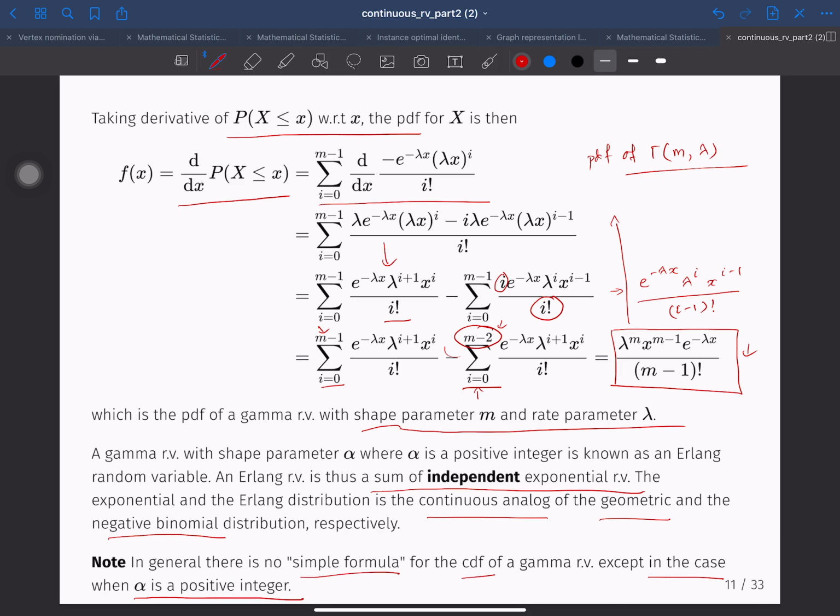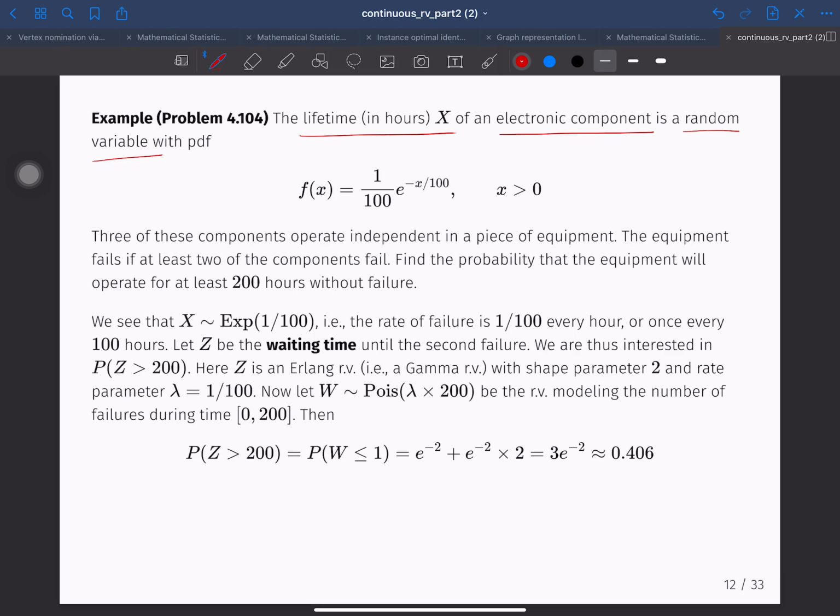So let us use this characterization of the exponential and the Erlang to solve the following problem. Suppose I have an electronic component, and the lifetime in hours of this component can be modeled as a random variable with this PDF. So this is the PDF for the exponential random variable with rate lambda equal to 1/100.